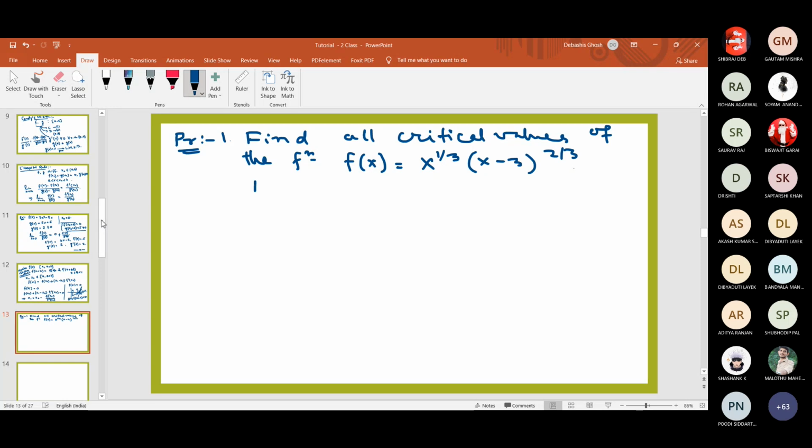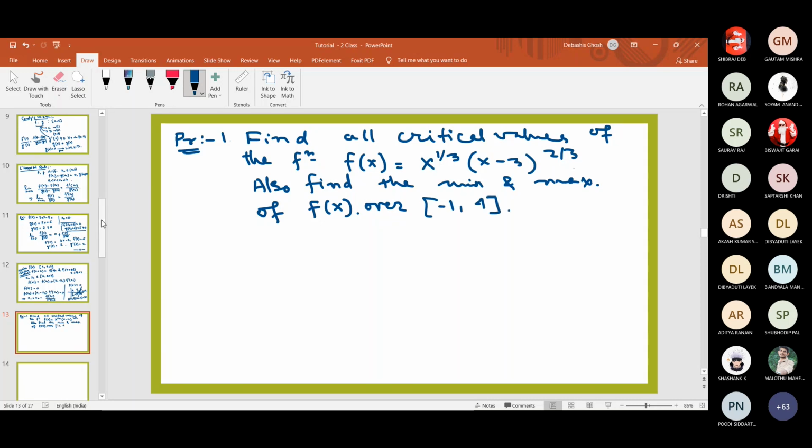Also find the minimum and maximum of f(x). Over some interval we have to find it, and we have to take a test of this.